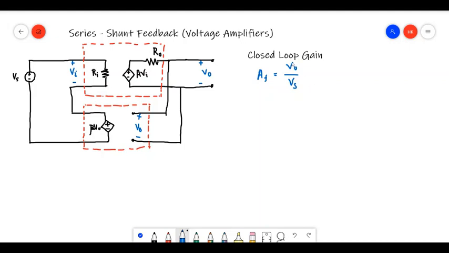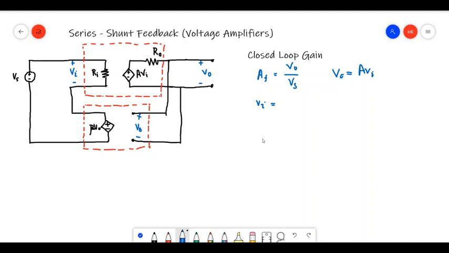Since there's no current going through this network, I can write Vout as A times Vi, right? So we need to find Vi. If we write Kirchhoff's voltage law, we can write Vs equal to Vi plus beta times Vout.